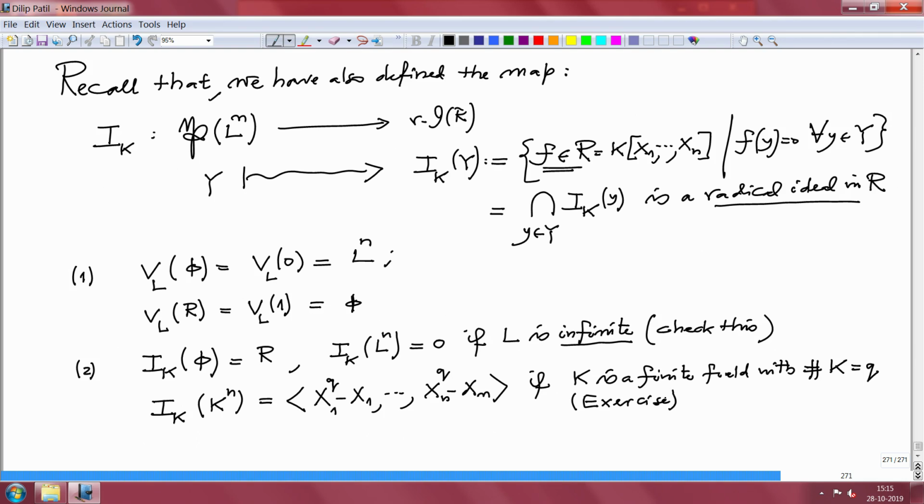Alright, so I would also like to recall what the cases of these field extensions are that we will be interested in. Typically we are interested in the field extension where the upper field L is algebraically closed.